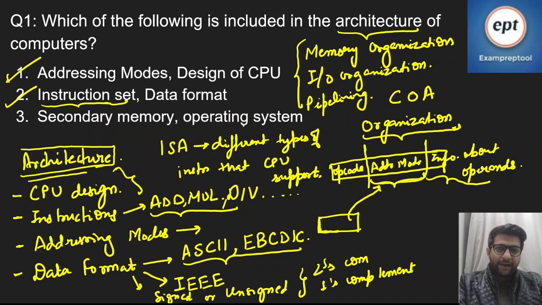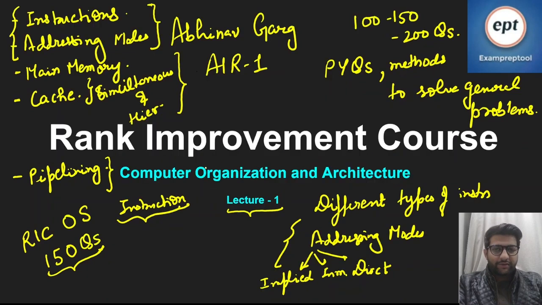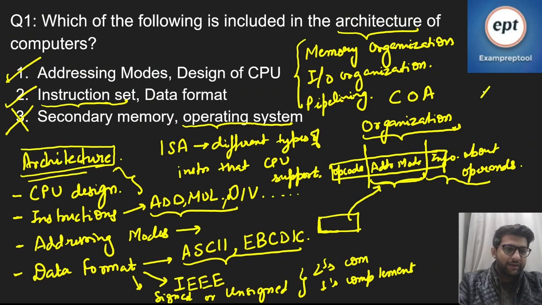The secondary memory and the operating system. These are not a part of computer architecture. So any operating system can be run on any architecture, right? So let's say if you have an architecture like x86 architecture, right? So you can run the Linux operating system on it, and you can also run Windows operating system.